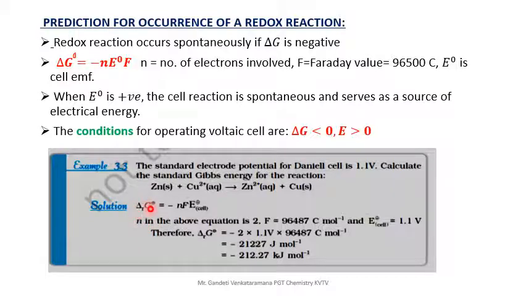Delta G equal to minus nF E naught. What is the n here? Number of electrons. You already know how to calculate the number of electrons. You already learned how to write the net reaction. So by using that format, you can identify the number of electrons. Clear? So in this one, 0 plus 2, plus 2, here 2 electrons are involved. So n equal to 2.